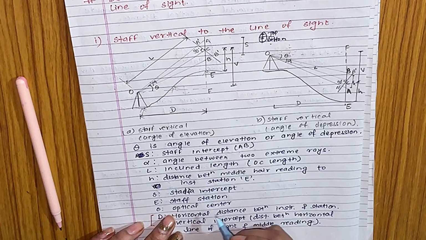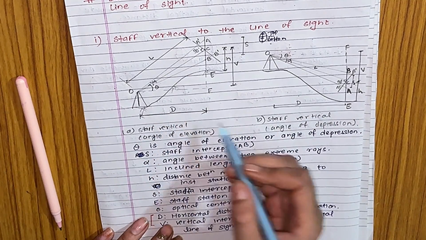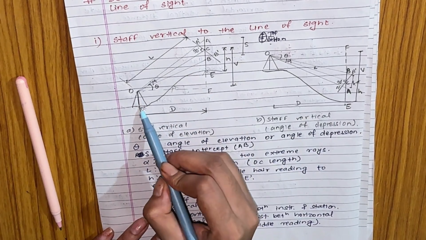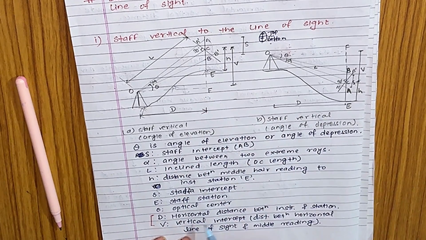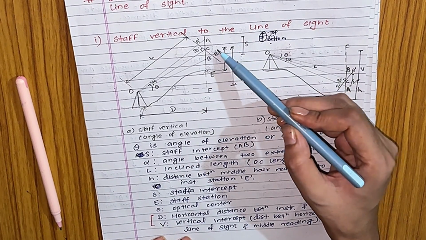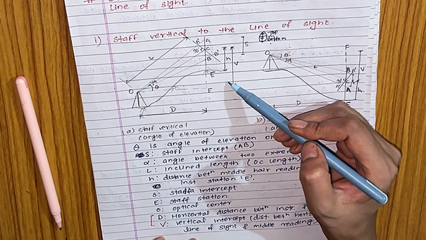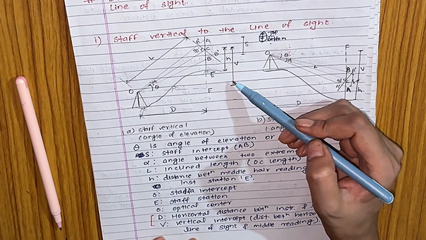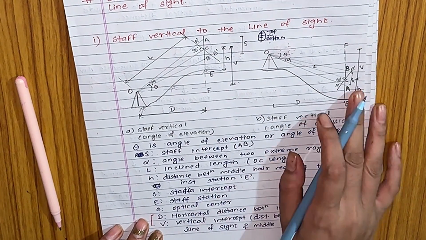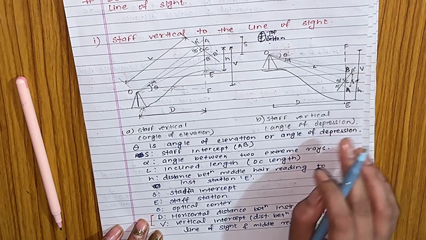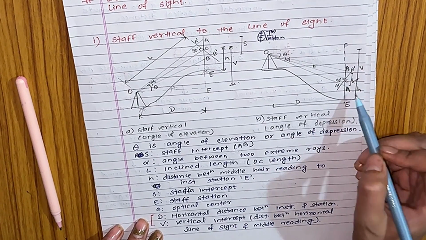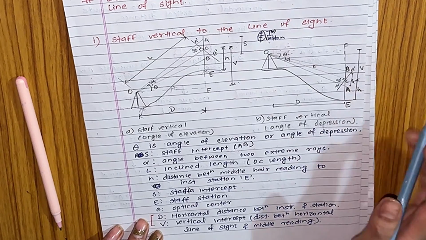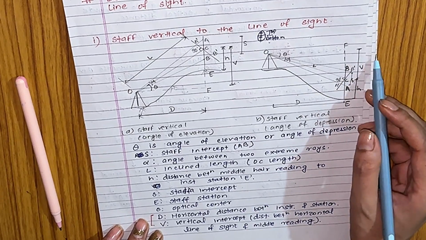D is the horizontal distance between the instrument station and the staff station. V is the vertical distance between the middle hair reading and the line of sight. All these are the same for the angle of depression too, only the position of V and H will be different according to their position.